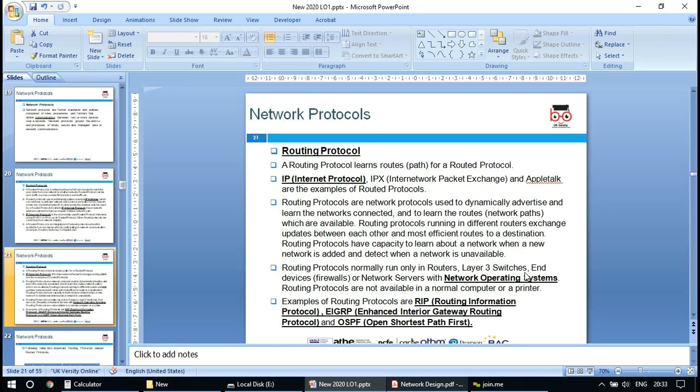Is that the one where it learns based on the quickest destination or the best destination to get the packets? It's the destination, alternative routes, and whichever route is nearest, so that's right. The paths. So you got the difference now. The routing protocol helps you to find the paths as well.